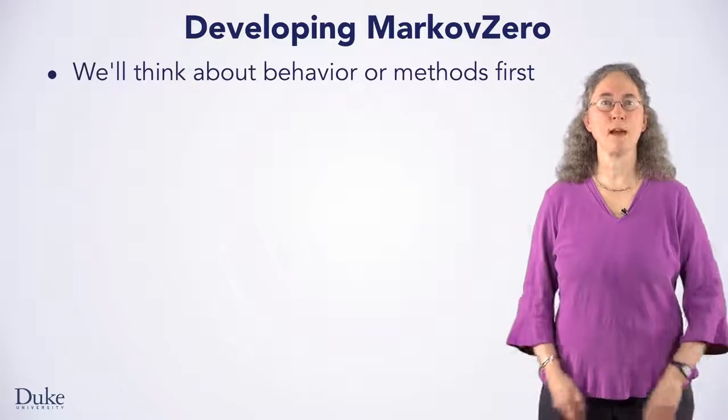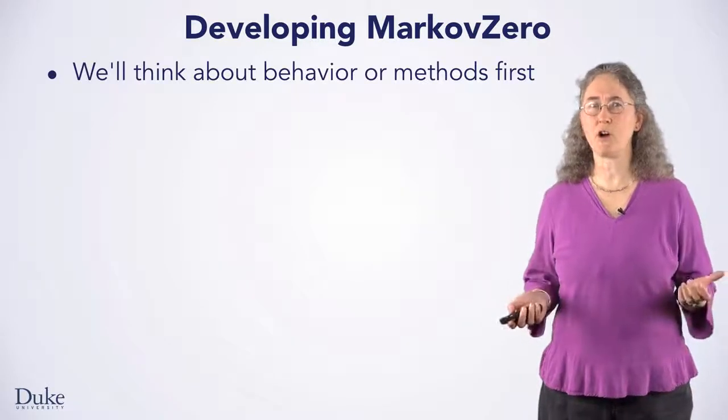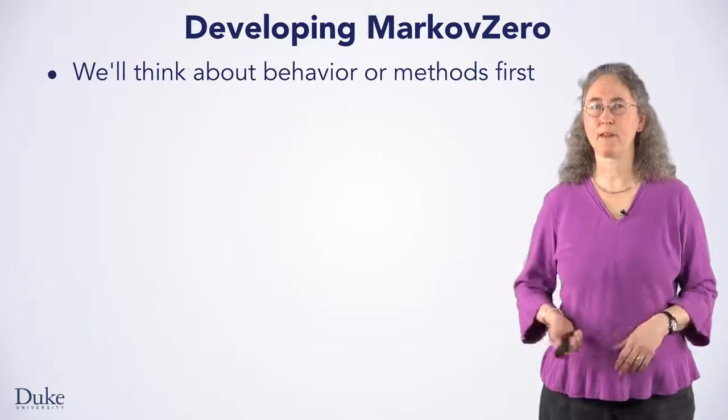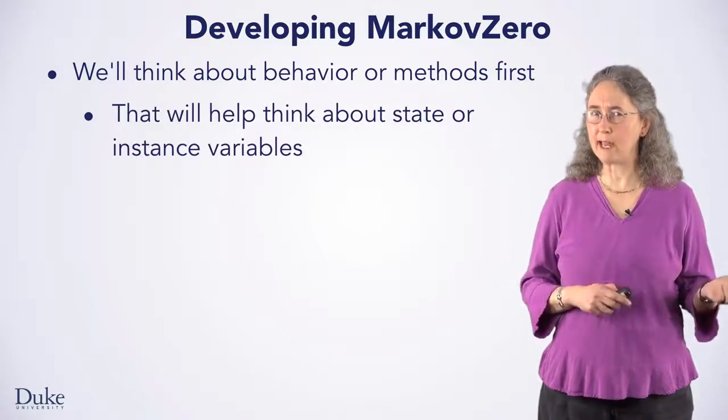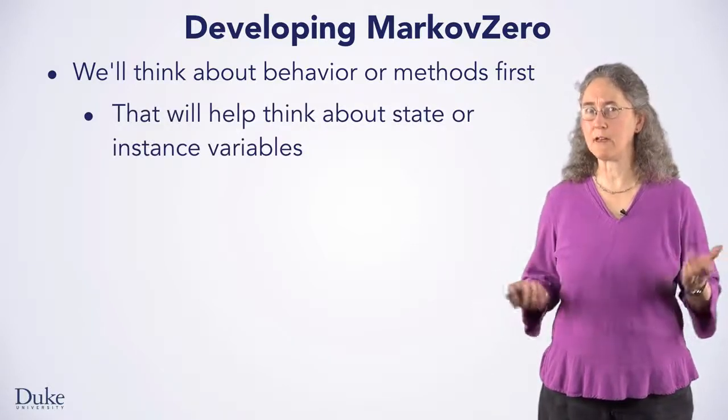We'll provide a quick overview of developing the Markov zero class, and you'll be able to use it to generate text randomly. We'll think about methods first. Sometimes this is called the class's behavior. Thinking about methods will help as we think about what state or instance variables are needed.